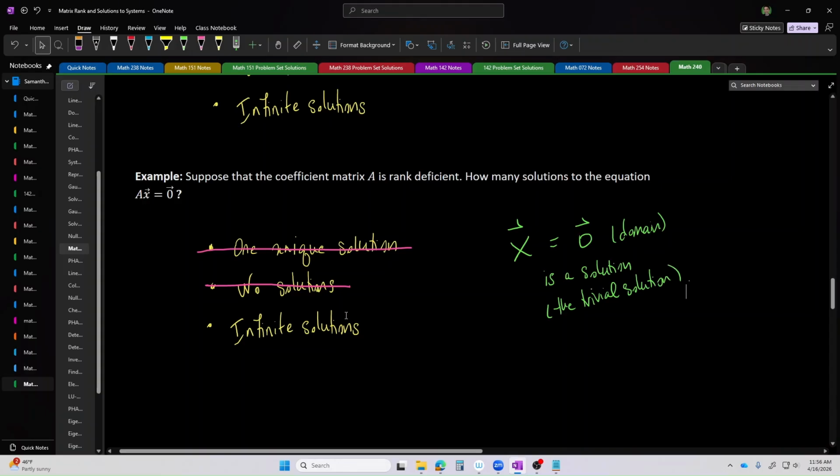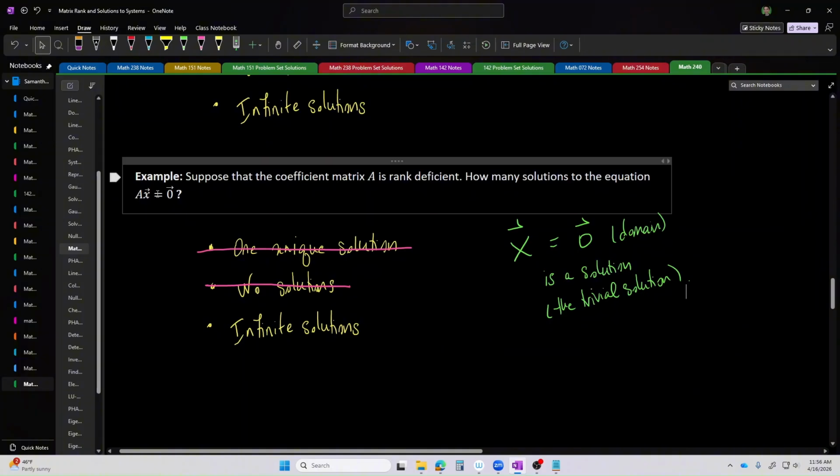So that eliminates the possibility that there are no solutions. This is a situation where there must be infinite solutions if the matrix on the left is rank deficient and we're trying to get zero on the right-hand side.